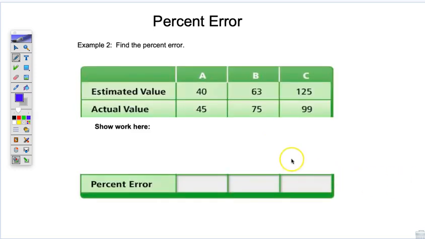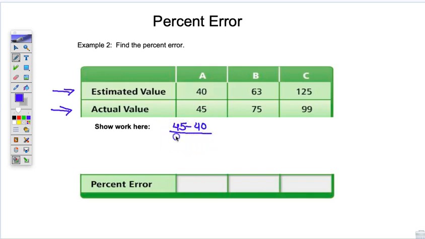Let's take a look at some additional examples. In example 2, we have a table that has the estimated value, where someone tried to estimate the actual, and then down here we have the actual. So once again, in each scenario, we're going to do some dividing. So we're going to take the difference between the two numbers. So in the first one, it's 45, subtract 40.